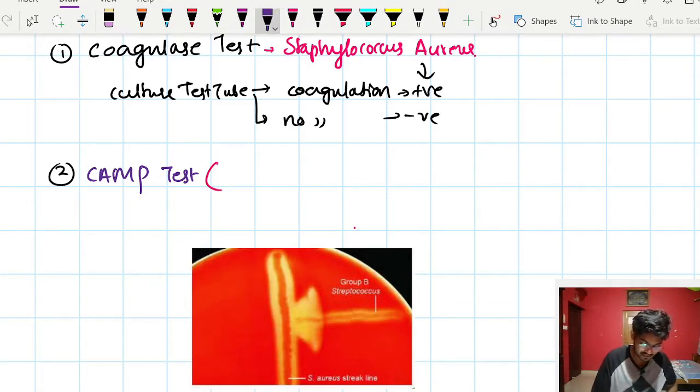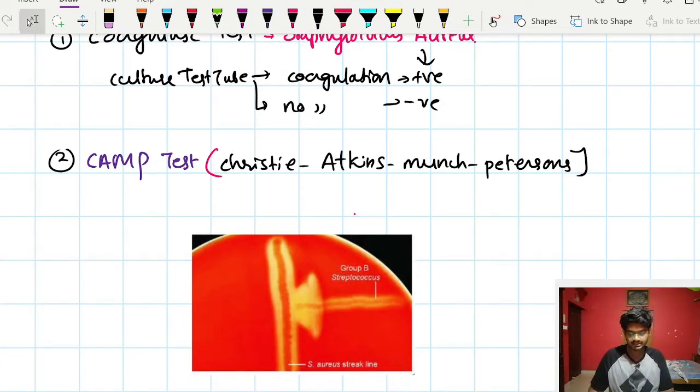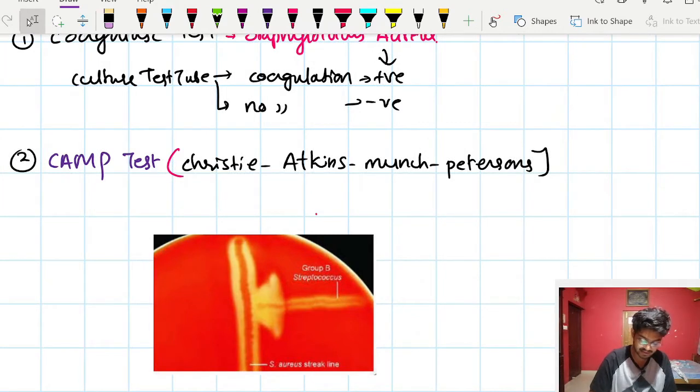The full form is Christie, Atkins, Munch-Petersen, the names of the scientists. So the CAMP test is the Christie Atkins Munch-Petersen test, named after the enzyme they found, CAMP, which is a phospholipase-like enzyme.